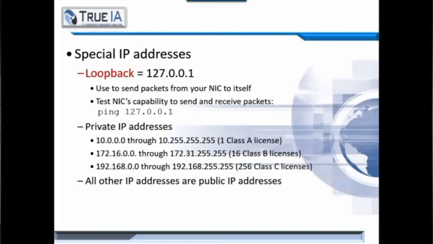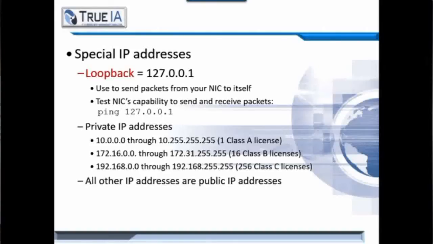Now, there are some special IP addresses other than the APIPA address, and this would be the loopback address. Your loopback address is 127.0.0.1. Sometimes you might hear this referred to as home.